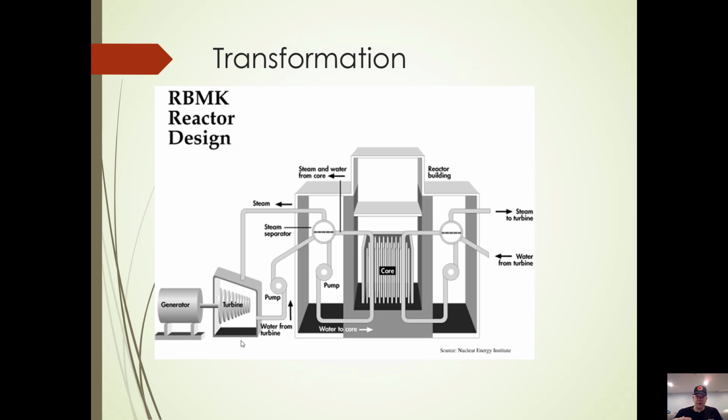That turbine spins a coil in a magnetic field, and that turns mechanical energy into electrical energy. Then that electrical energy can go to your house and get turned back into heat energy, like with a toaster, or light energy, like if you turn on the lights, electromagnetic again, and so on. So that's transformation right there.